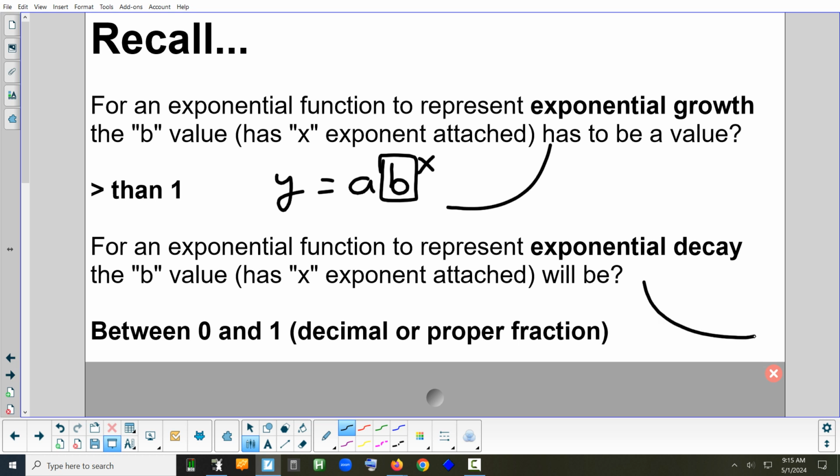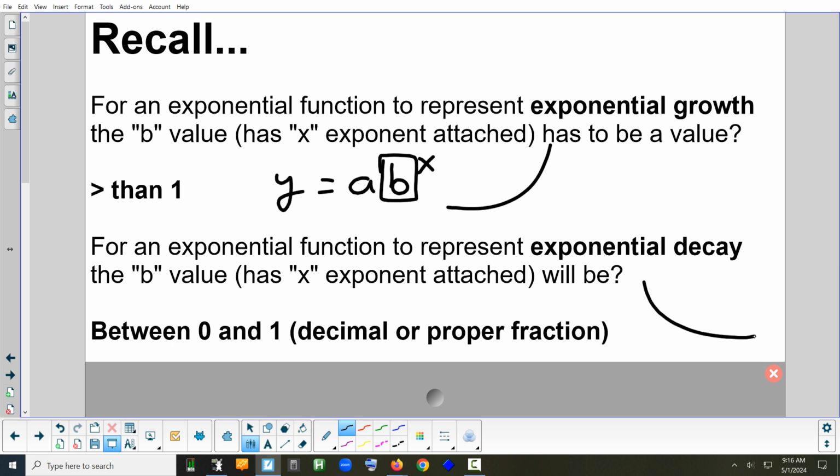That's called decay. Is 0.5 between 0 and 1? Yes. So on your guided notes where it says between, and then you've got some blanks to fill in, 0 and 1.